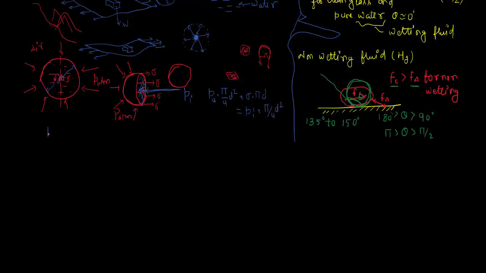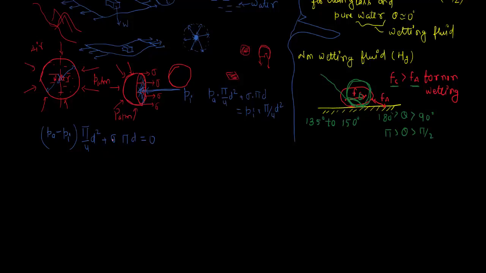So PA minus PI into pi by 4 d square, taking pi to this side, plus sigma pi d is equal to 0.